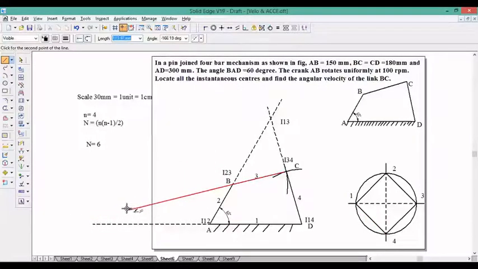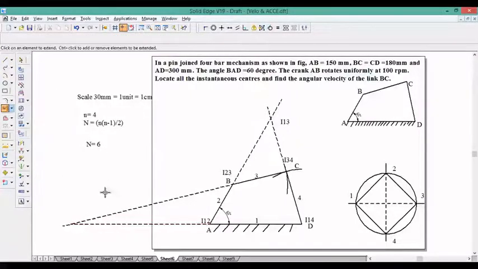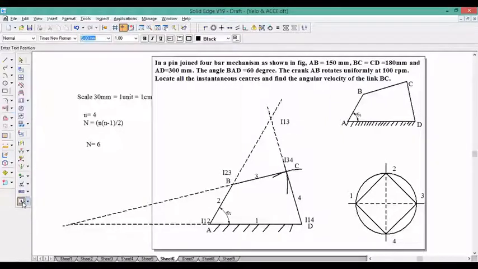So just extend this line further, and this line also extend. So wherever these two lines intersect, that will be the instantaneous center I24.